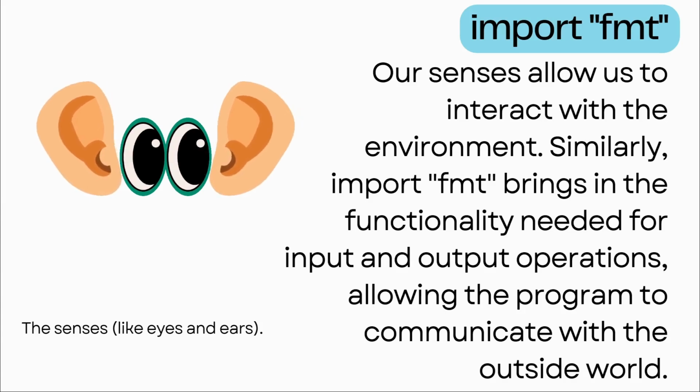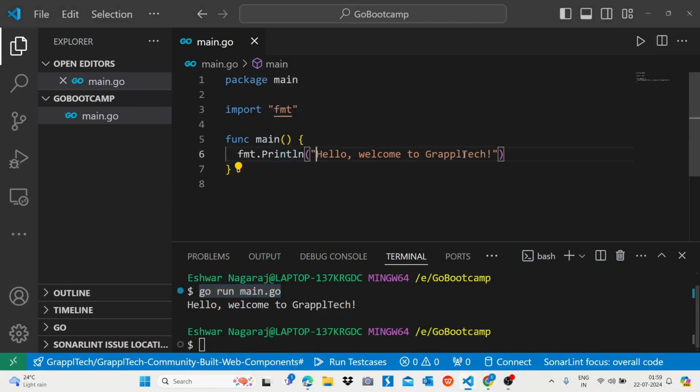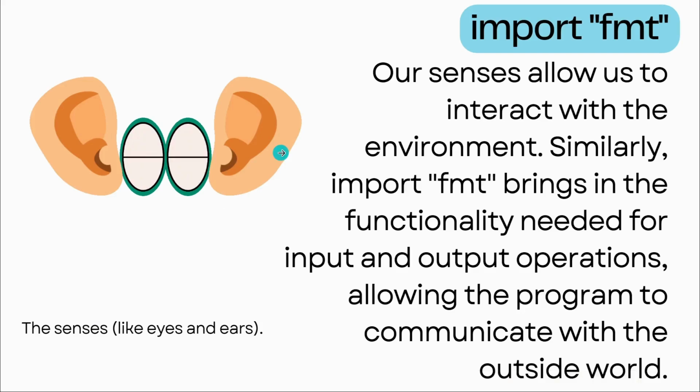All these functionalities are defined in fmt, and in order to use it, we have to import it. As simple as that. We have to print hello, welcome to GrapplTech onto the console, so we just need to import fmt and use that function. That's what import fmt does.